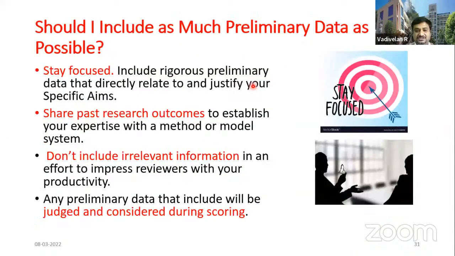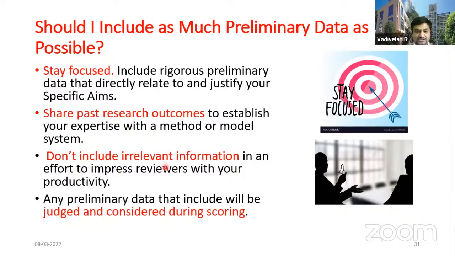And the next question asked is, should I include as much preliminary data as possible? So always remember the word: stay focused. Don't unnecessarily put yourself in trouble by including unwanted or unnecessary data which you're not going to justify. So include rigorous preliminary data which is directly related and tries to justify your specific aims. Always share the past research outcomes to establish your expertise with a method or a model system.